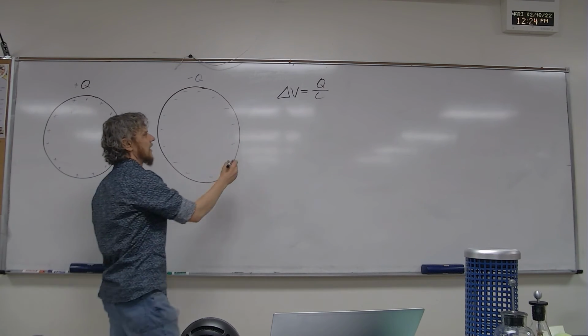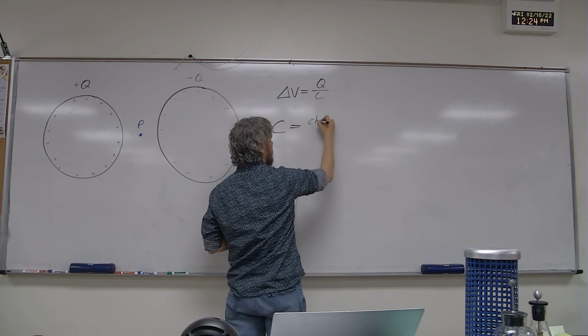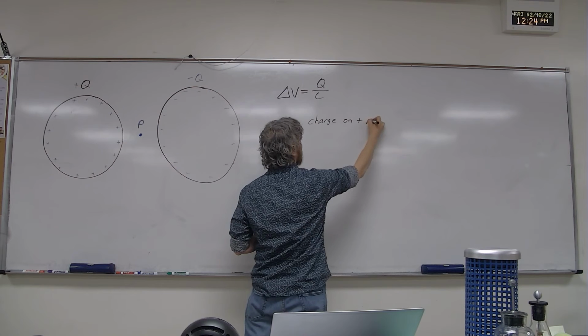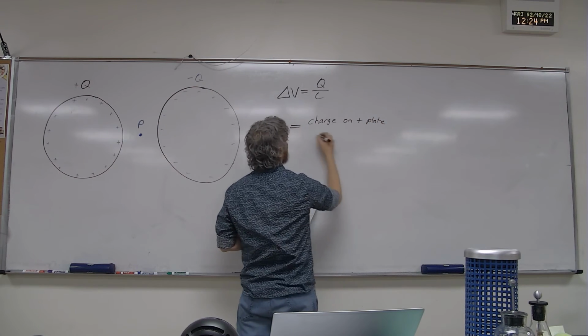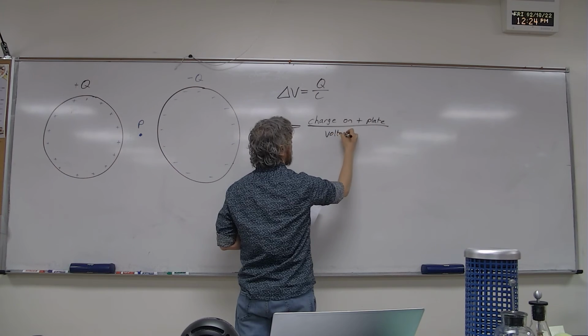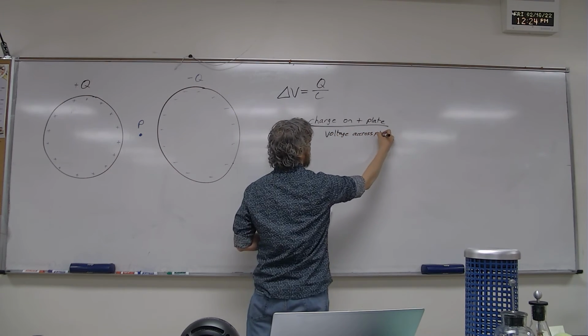When we're talking about capacitance, it is the charge, by definition, on the positive plate divided by the voltage across the plates.